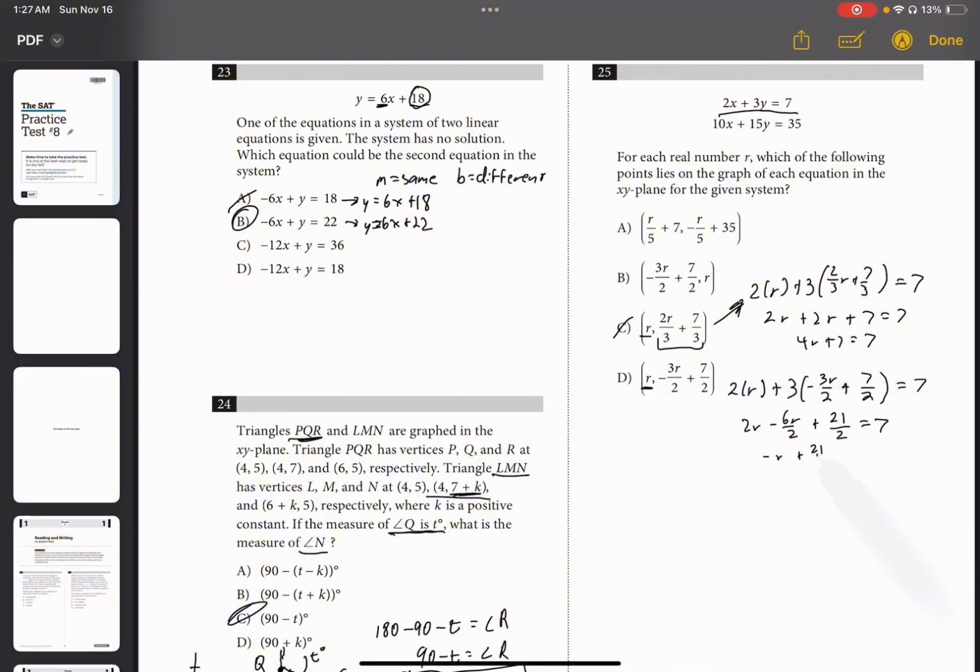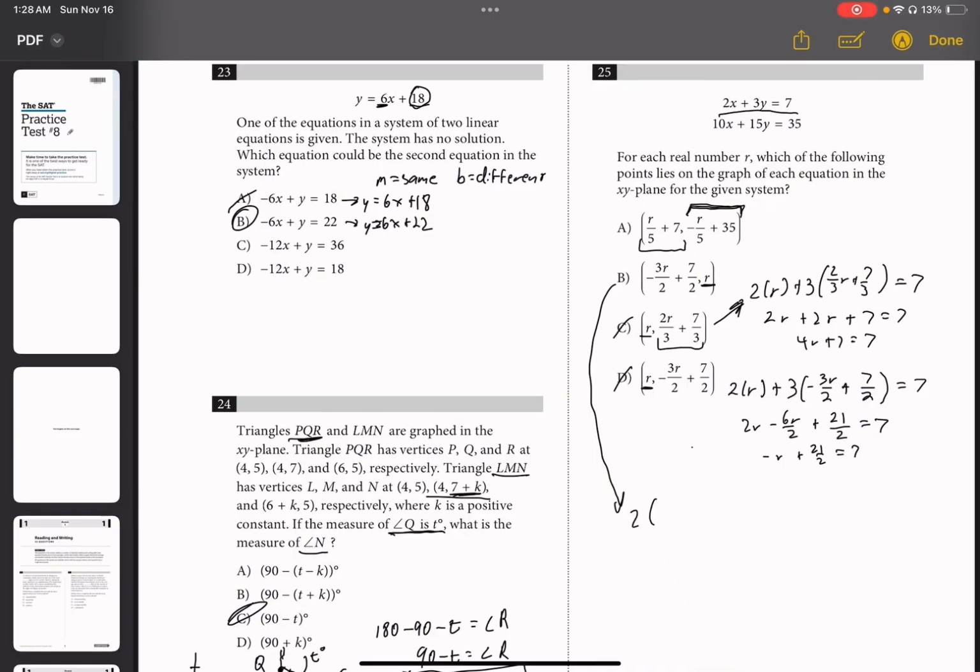This will give us negative r plus 21 over 2 is equal to 7, which is also a leftover r. So we're going to eliminate that answer choice. Now we have r here as a y point, so I'm going to pick that since it seems easier to plug in than this messy looking point. So we're going to stick with b for now and see if it works.